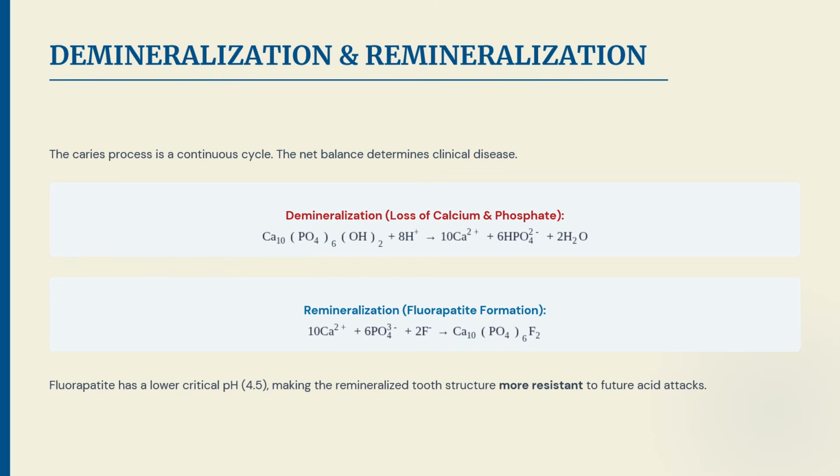Now, the critical pH of fluorapatite is 4.5. So 4.5 means it's more resistant to caries than normal dentine or enamel.